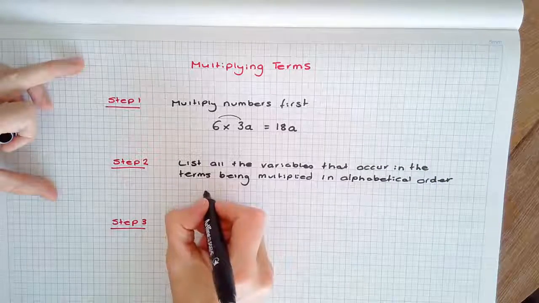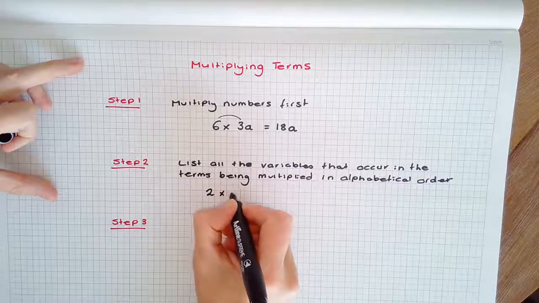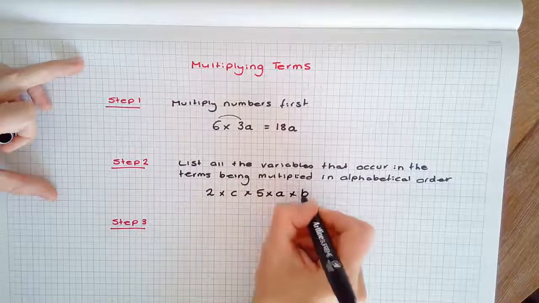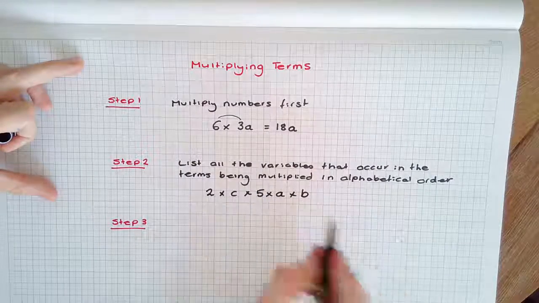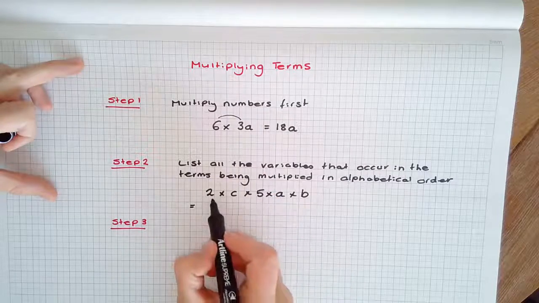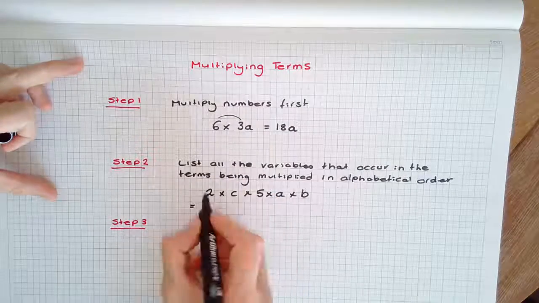Let's take an example: 2 times C times 5 times A times B. So step 1 we still follow, but we'll do that in a minute. We're going to list everything in alphabetical order with the numbers first.